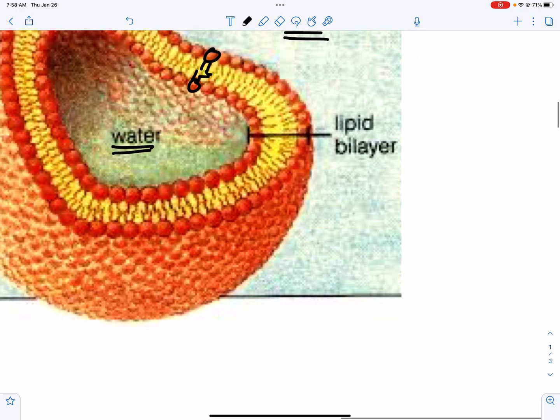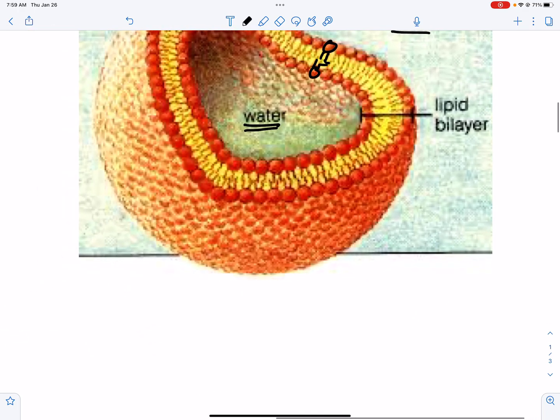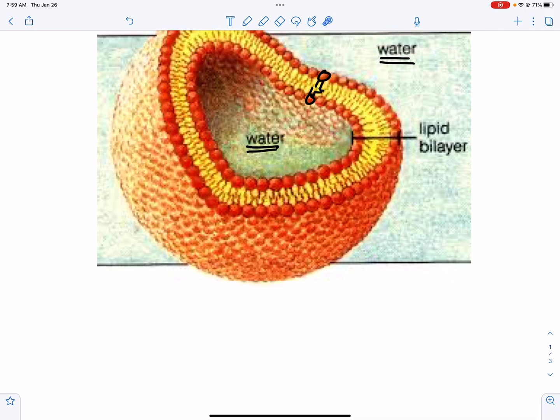Okay, so because of the structure of the cell membrane, the fact that it's got polar heads here and then a non-polar interior, certain things can't get through the cell membrane. Essentially, things that are charged or polar have a hard time crossing the membrane.